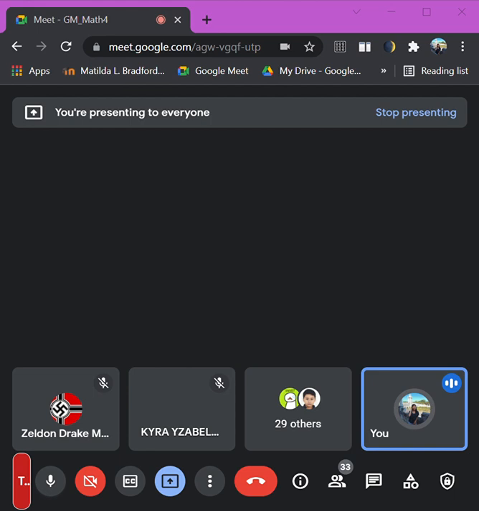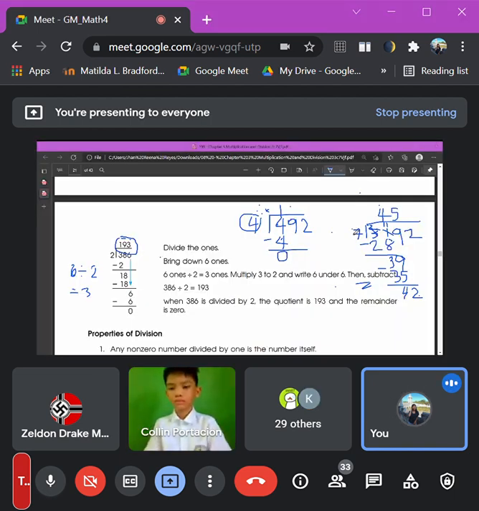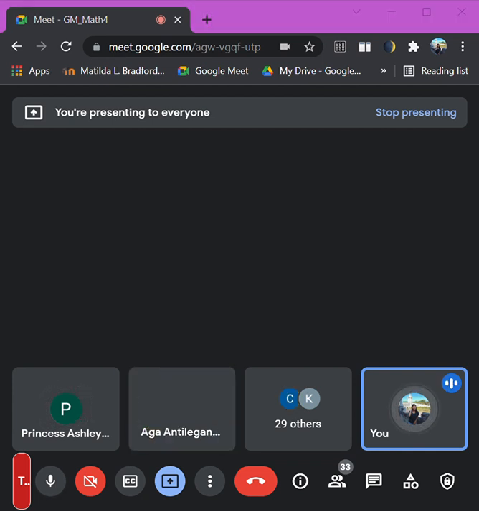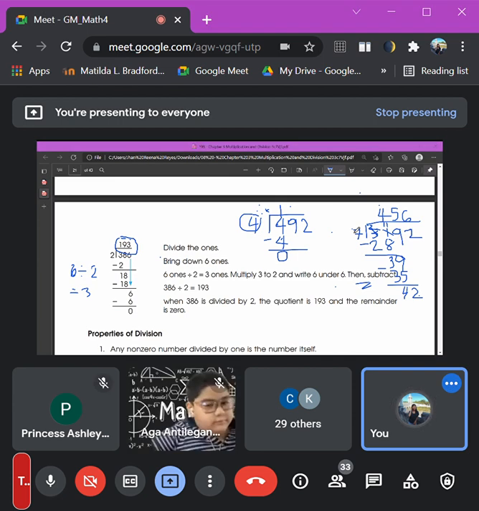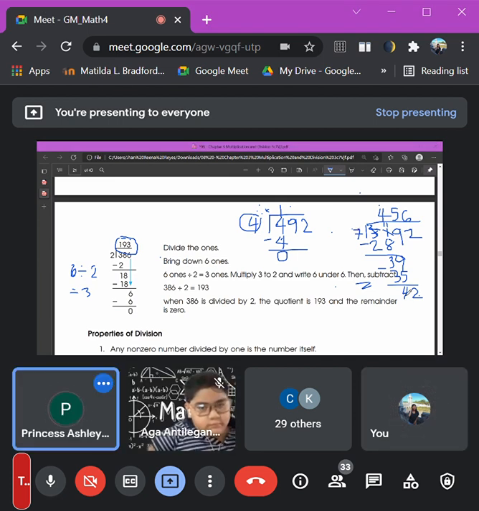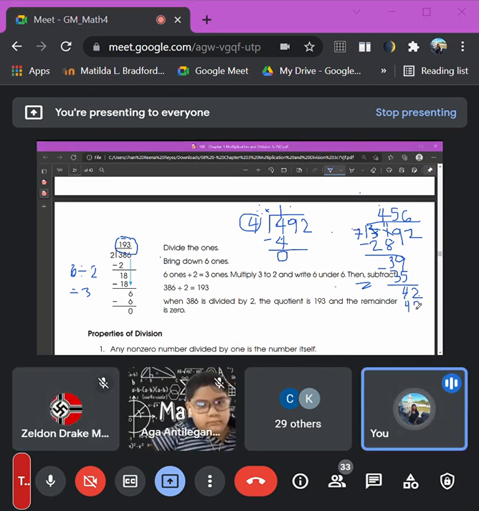Okay, mangutana ko, ma-divide ang 4 sa 7, dili. Okay, no. So now, mag-bring down na sad ta sa atong 2 diri. And then, you can have 42 divided by 7. Pila? Okay, very good. 6. So, 6 times 7, 42. Now, 42 minus 42, 0.